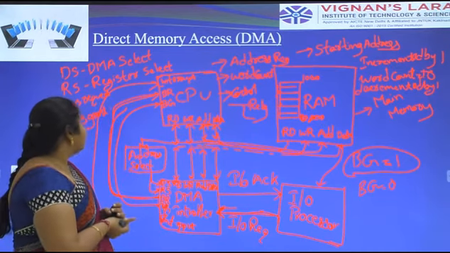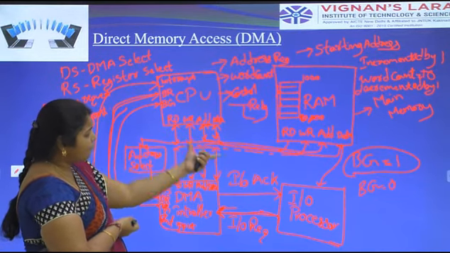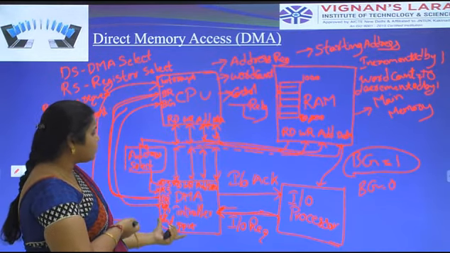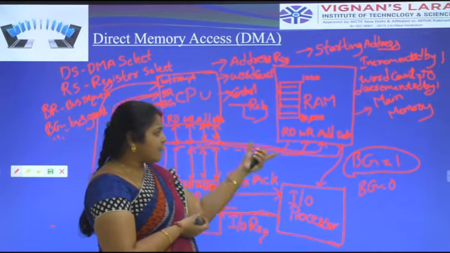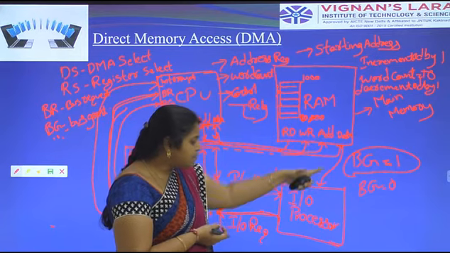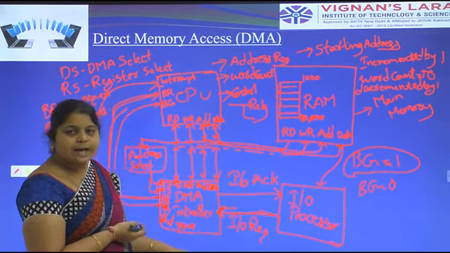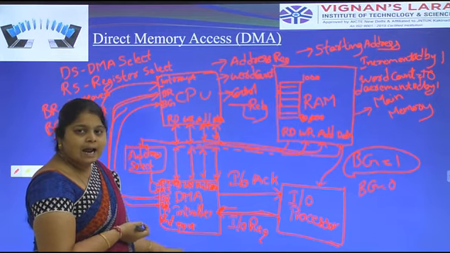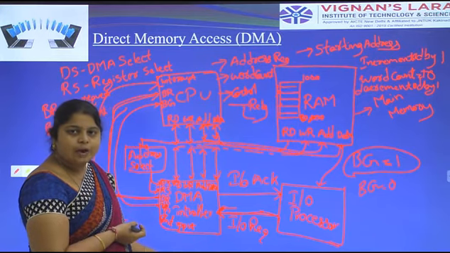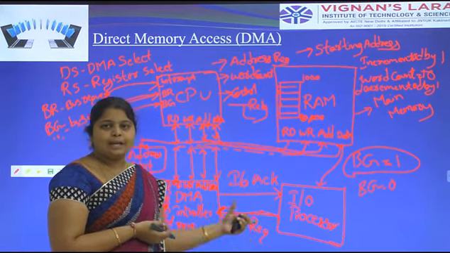Okay, next coming to this diagram: CPU, RAM, IO processor, DMA controller. The data stored in the main memory or RAM is placed to the IO processor. The IO processor transfers the information to the direct memory access controller, and the data is validated or accepted by the DMA controller and then transferred to the input output acknowledgement.